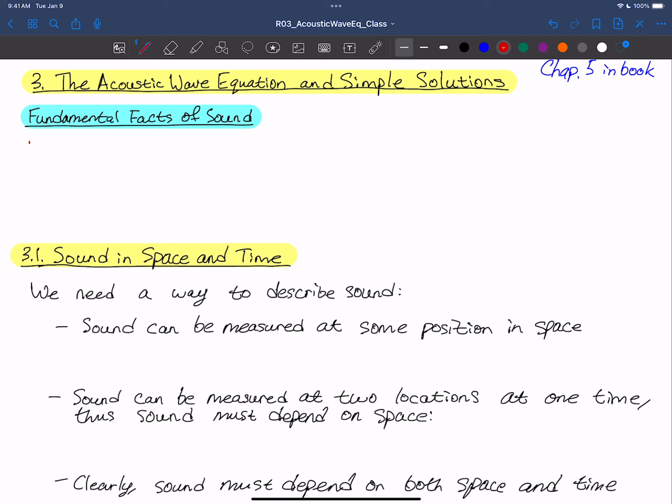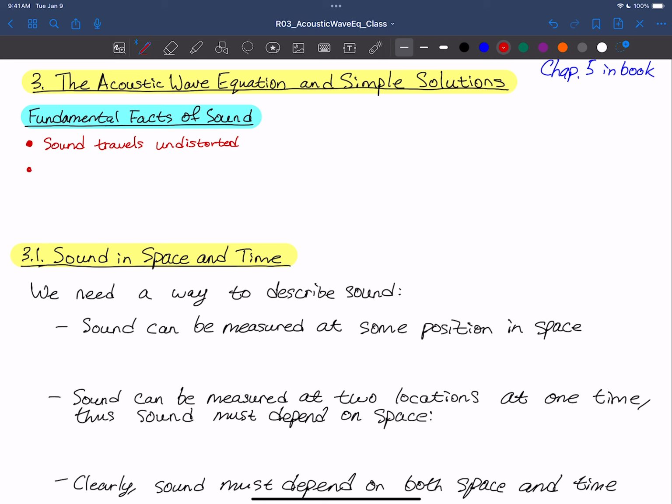So first, regarding some fundamental facts for sound. First of all, sound will travel undistorted, meaning that as sound waves propagate, they do not distort in any way.